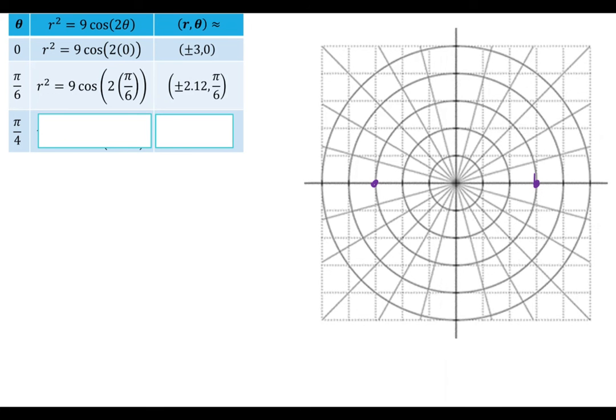This is going to give me plus or minus 2.12, and we have all of the symmetry. So pi over 6 plus 2.12, so that's about right here. I also get, maybe I'll do the plus first and I'll deal with the symmetry. So there's that one. Then via symmetry, I get this one, and then origin symmetry is going to put me right here.